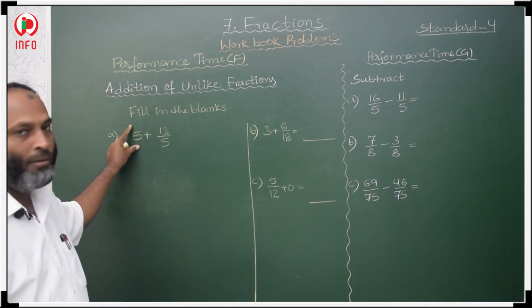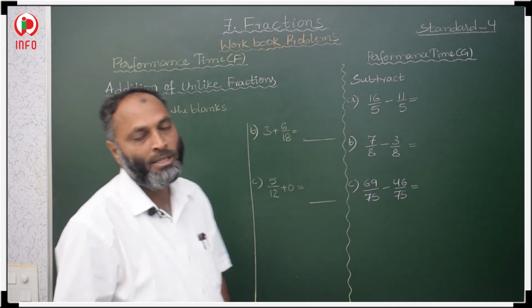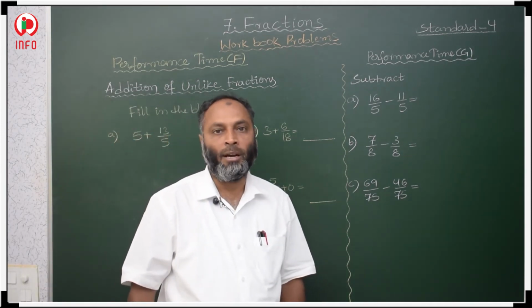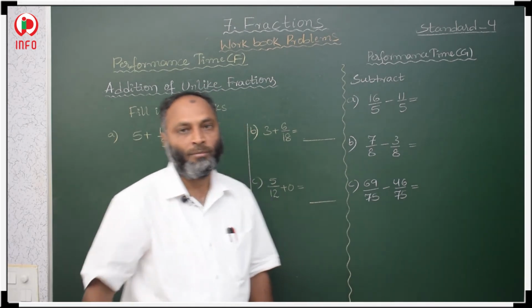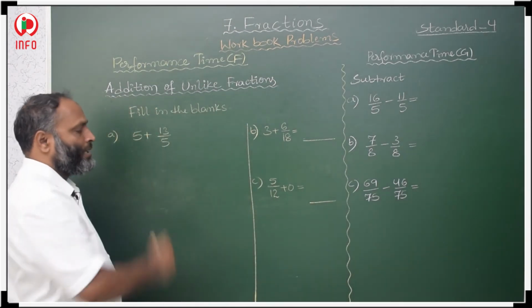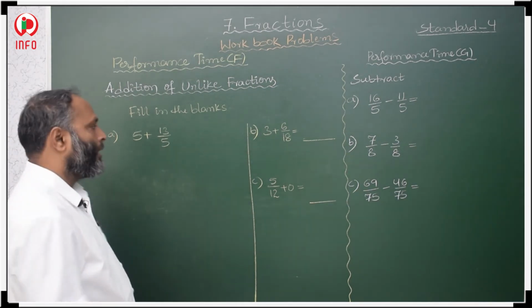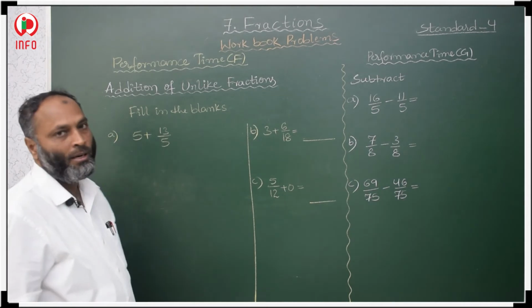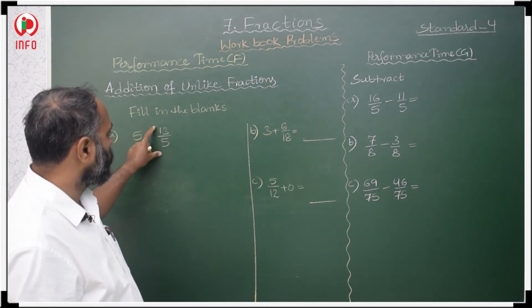A whole part and a fraction part are given, 5 and a fraction. If a whole part and a fraction part are given, then how to add? When a whole part and a fractional part are given, one thing you have to remember: first you have to check whether the fraction is like or unlike. Here 13 by 5 is given. We also have to check whether it is proper or improper.